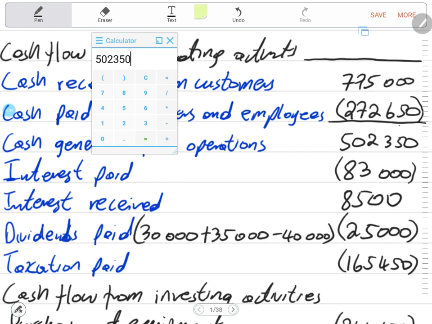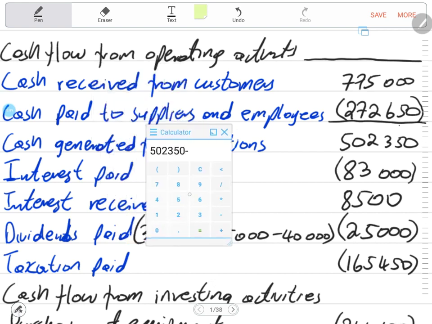I would like to add in here the total minus 8,300 plus 8,500 minus 25,000 minus 165,450.